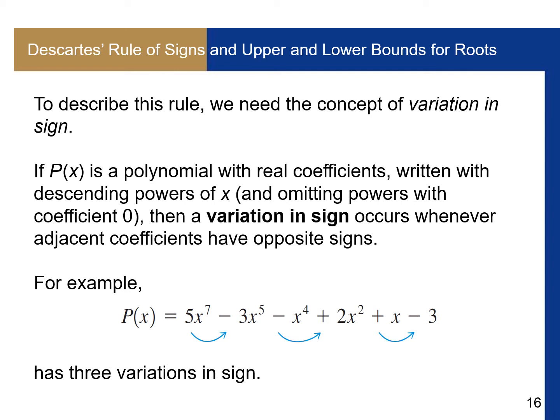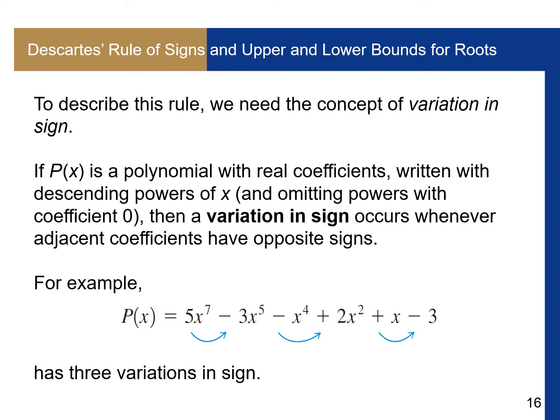Excuse me. So I need to keep that in mind if I'm going to do synthetic division with this later. x to the 4th, x squared, x to the 1st, and x to the 0. I don't need to put the 0x to the 4th in right now because 0 is neither negative nor positive, so I don't need it for my variations of signs.